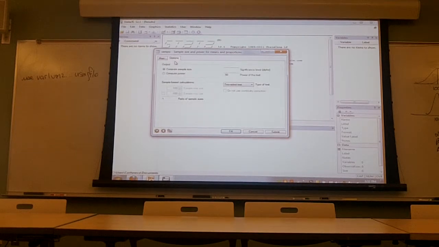Now here under my options, I'm going to compute my sample size. And I'm going to set alpha to be 0.05. And you wanted 80% power. You can have a one-sided test or a two-sided test.